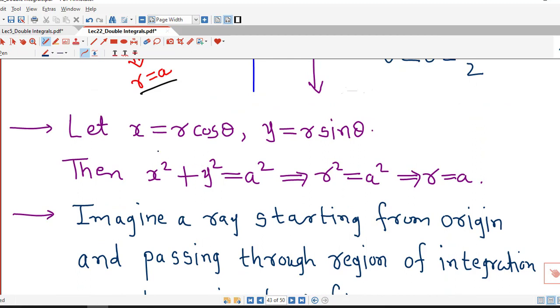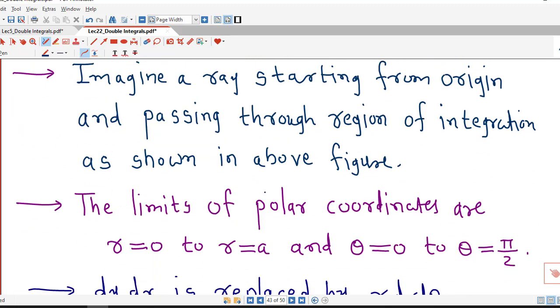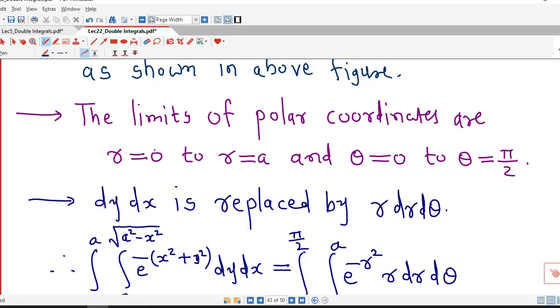So we have written x equal to r cos theta, y equal to r sin theta. Therefore this equation is converted into polar form r equal to a, and after considering this ray starting from origin and passing through the region R, we obtain these limits of integration. r is from 0 to a, theta is from 0 to pi by 2.